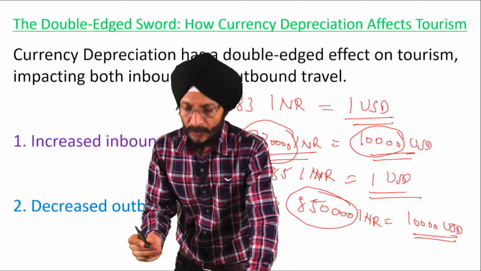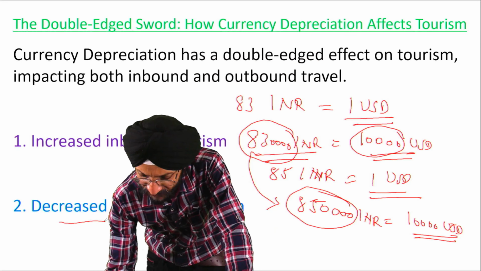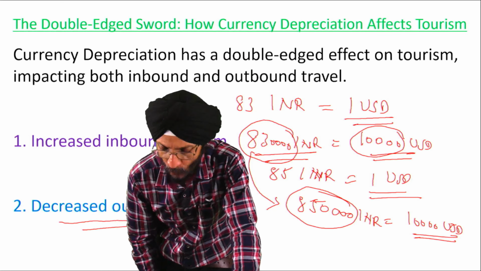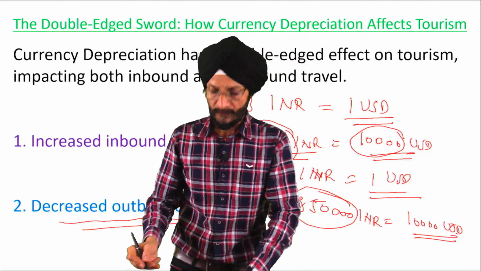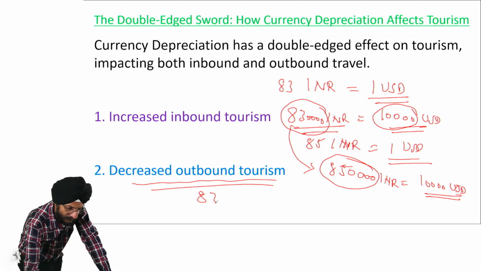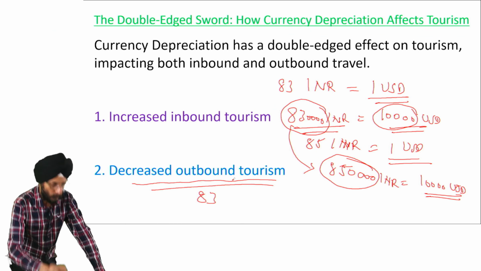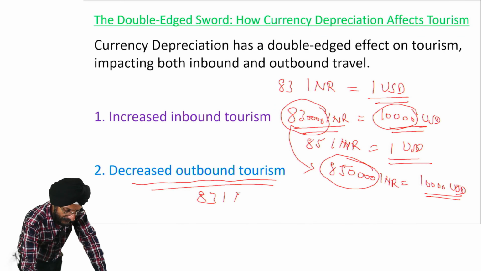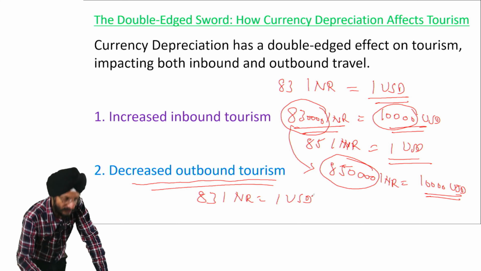Now, currency depreciation also adversely affects outbound tourism. How? Let's take an example. Earlier, a person going out would have to pay 83 Indian rupees to get 1 US dollar.